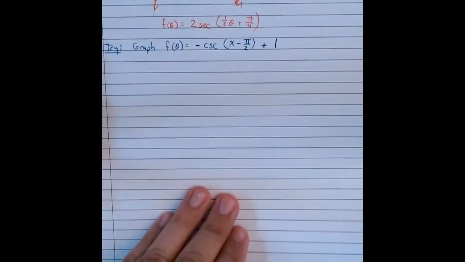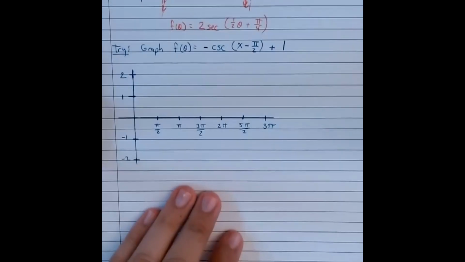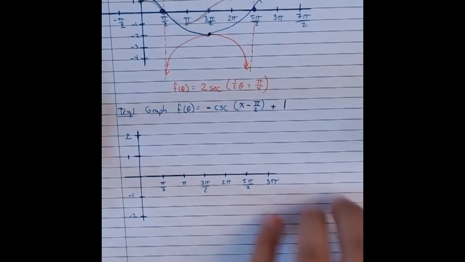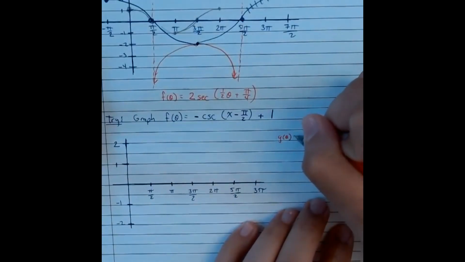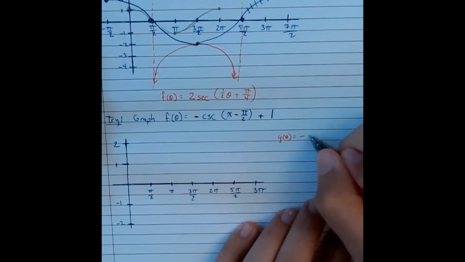All right, so let's take a look at this one. So let's begin by graphing g of theta, which is going to be negative the sine of x minus pi over 2 plus 1.